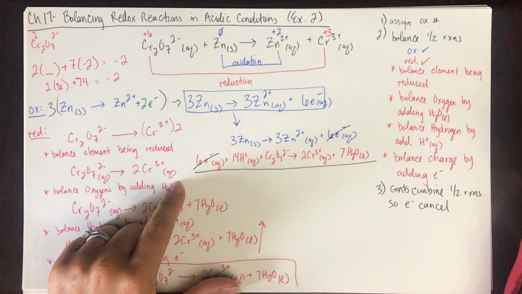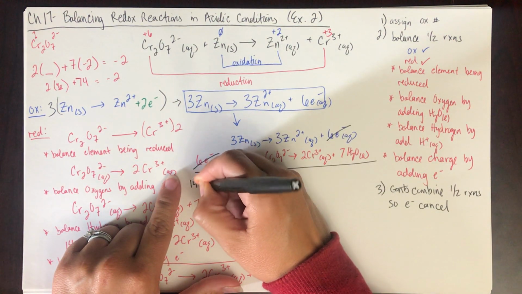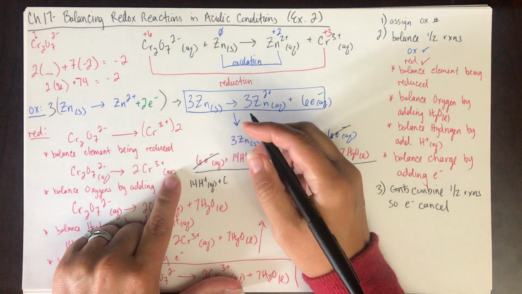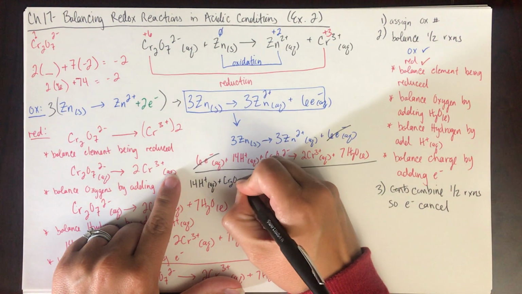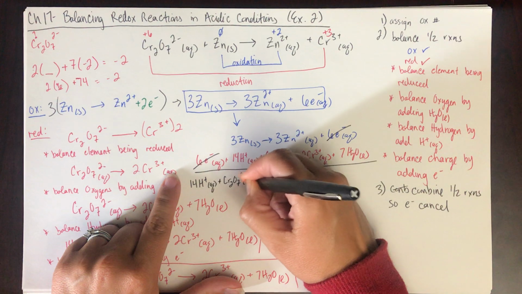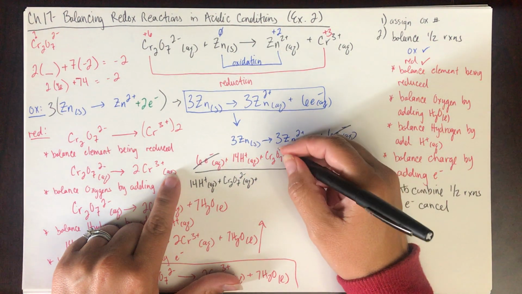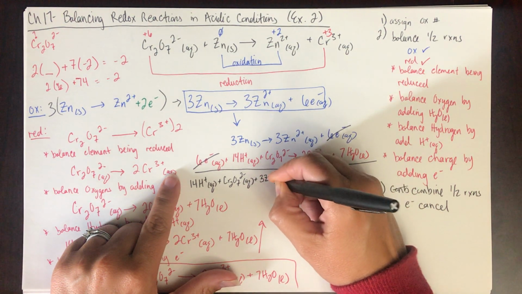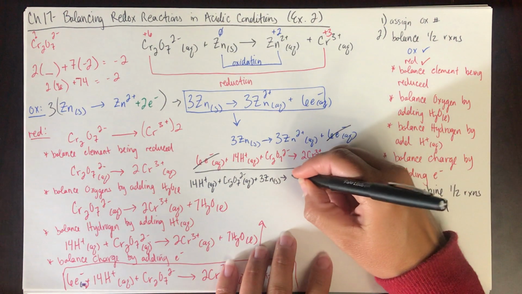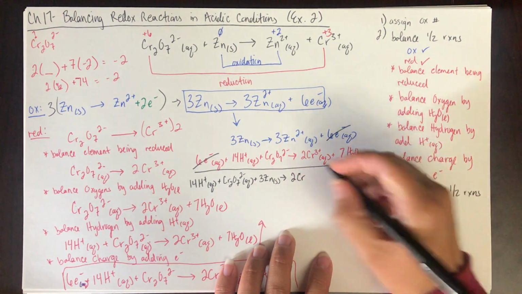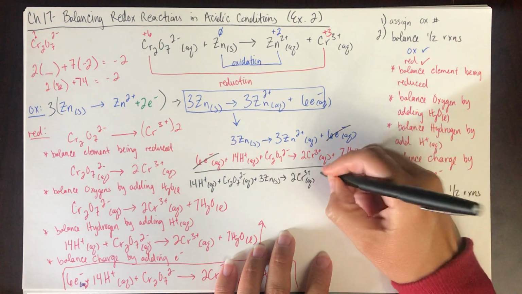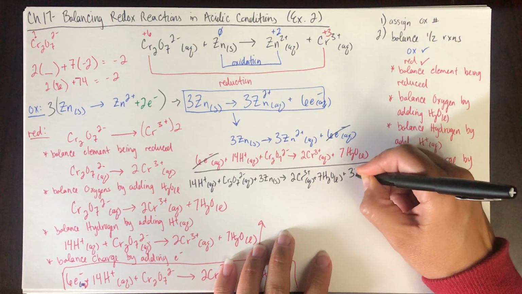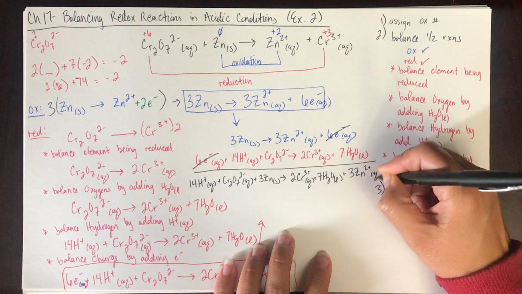So I'm going to say 14 hydrogen ions plus the dichromate ion plus 3 zinc produces 2 chromium 3 plus plus 7 water plus 3 zinc 2 plus ions.